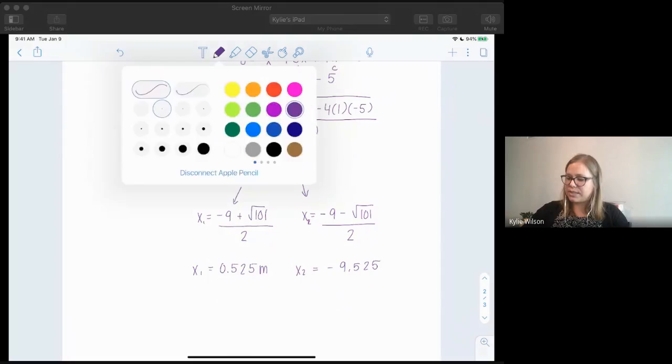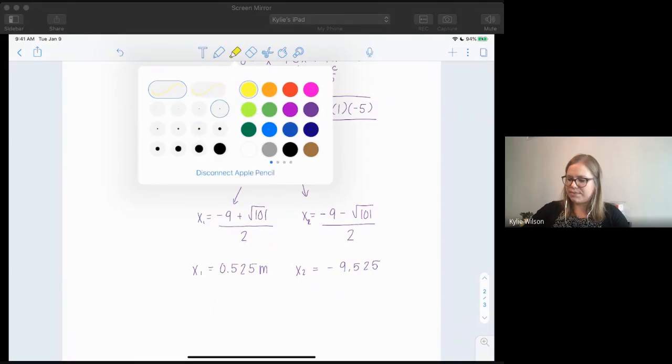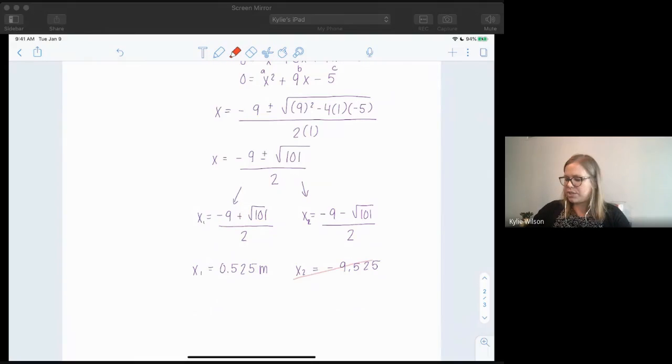Now, if I look here, one of these answers I can't use, and that is going to be this negative one. The reason that we reject it is because we can't have a negative length. So that one is rejected because we can't have a negative length.